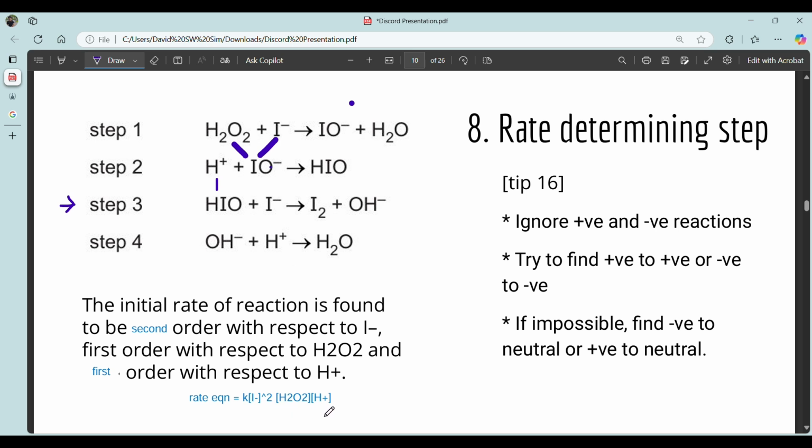H2O2 is first order, and H plus is first order. So therefore step 3 is the rate determining step. Linus, does that answer your question? If it doesn't, then later on at the end I can try to see if there's a way to make it simpler.